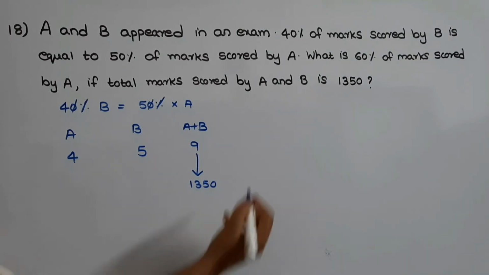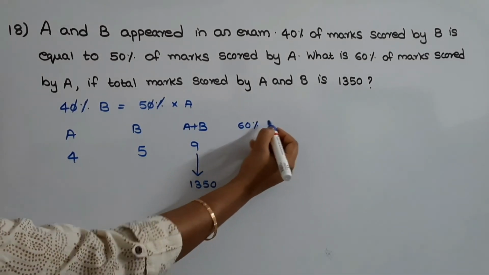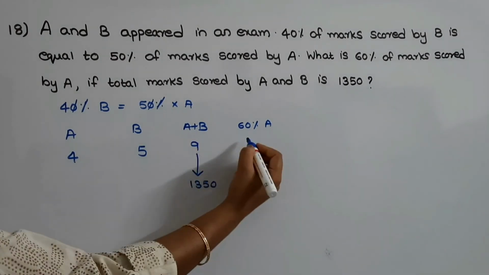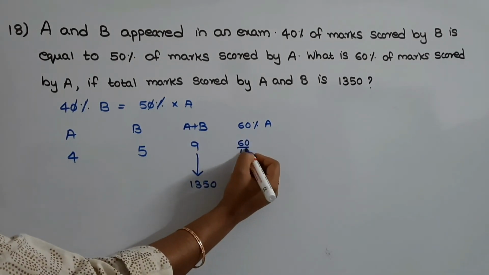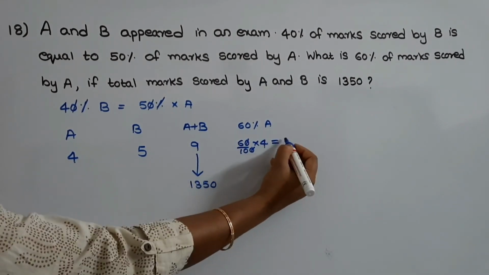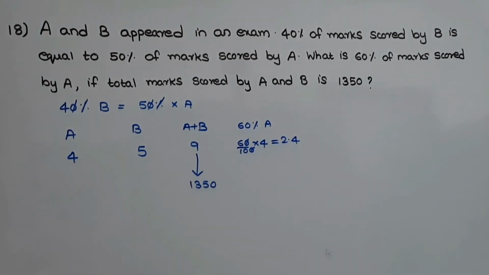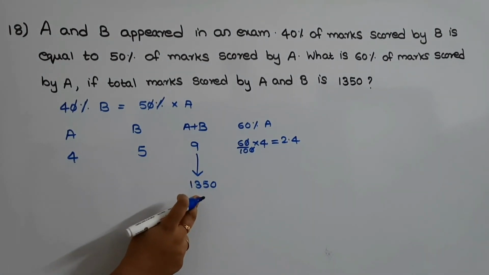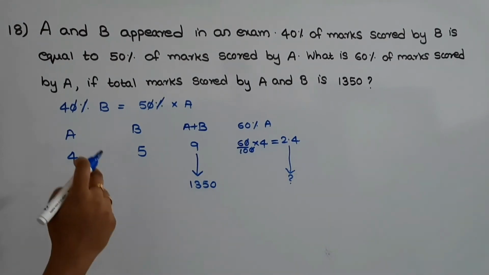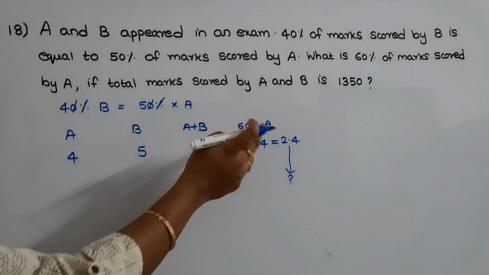So we need to find out 60% of A's marks. So if A's marks is taken as 4, then this will be 60 by 100 into 4. So on solving this, you will get it as 2.4. So if 9 can be written as 1350, what will be the value of 2.4? On finding this value, you will get 60% of A's marks.